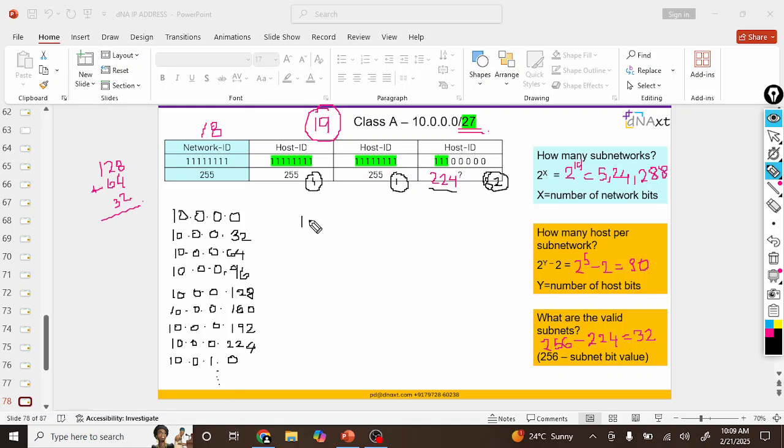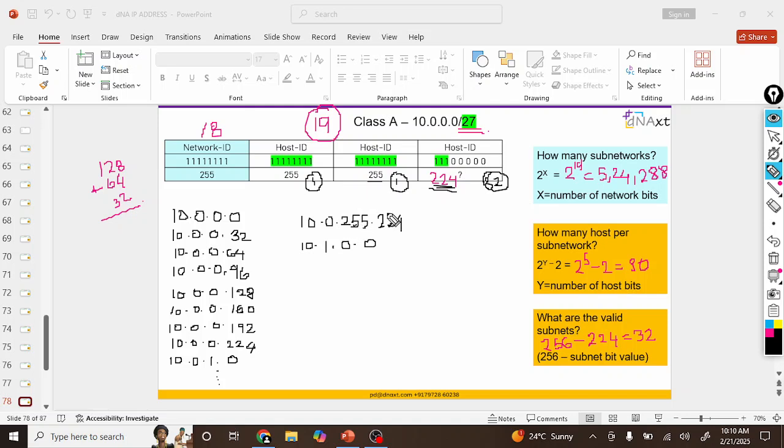Then it will give you 2.0. So in this way, with an increment of 1 each time, you will reach 255. Now if you can see, you have reached subnet bit values in these two octets. So for writing the next subnetwork, your increment will be in the second octet, because you cannot add 32 over here, it will become 256, and you cannot add 1 over here, it will become 256.